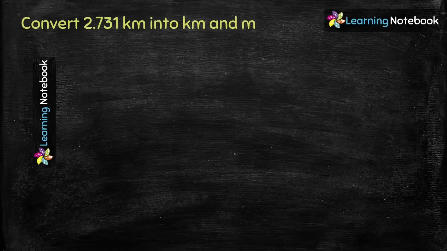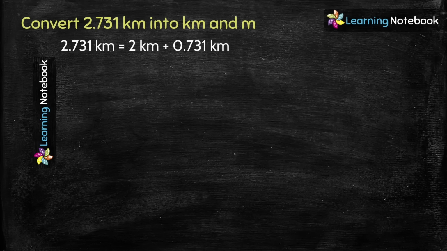Convert 2.731 kilometer into kilometer and meters. So here students, we have to convert kilometer into kilometer and meters. 2.731 kilometer equal to 2 kilometer plus 0.731 kilometer.